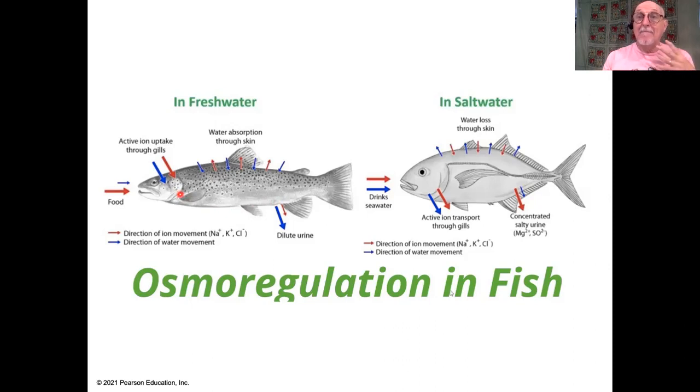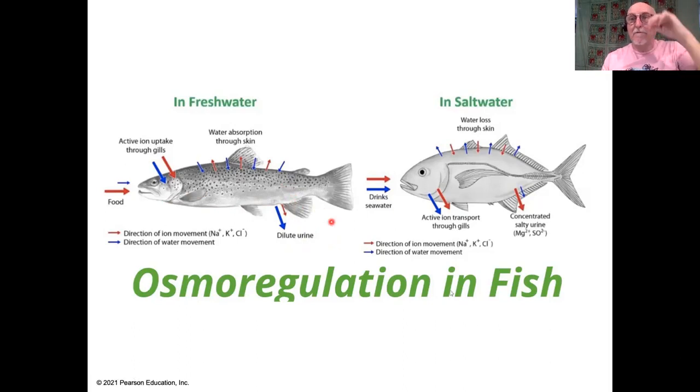And they have to actively pump water out with the kidneys in a very dilute form as rapidly as possible. Their kidneys work overtime, simply voiding water and trying to recover as many ions as they possibly can. So that's the situation for freshwater fish. It's actually quite a difficult situation.